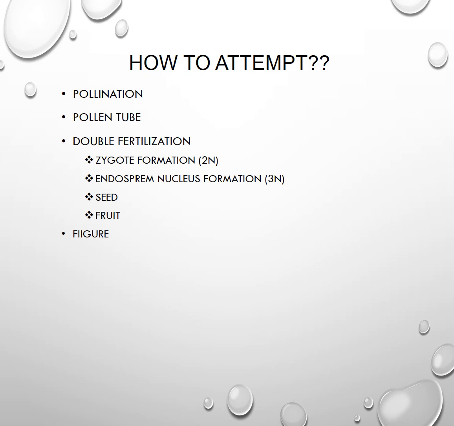Because two fertilizations have taken place, the zygote is formed and the endosperm nucleus is formed. That is why this kind of fertilization is called double fertilization. Then which parts will develop into the seed, and which part will develop into the fruit. This way, this will be an attractive question to learn and to present.